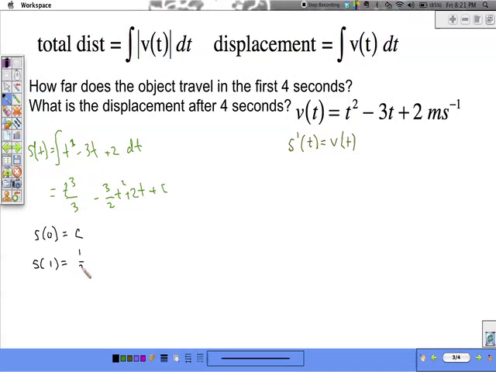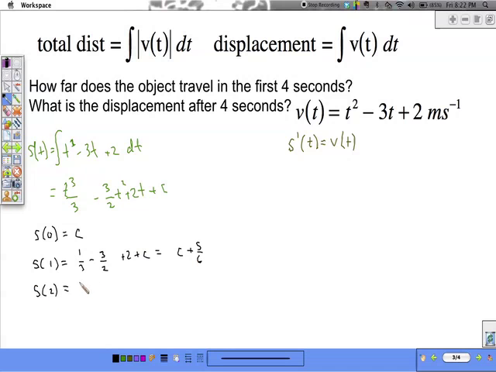We get 1/3 minus 3 halves plus 2 plus c. That's equal to c plus 5/6. So at 1 second, I'm 5/6 farther than I was to start out with.